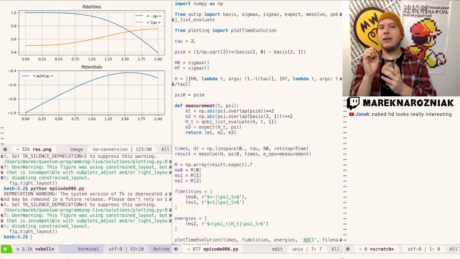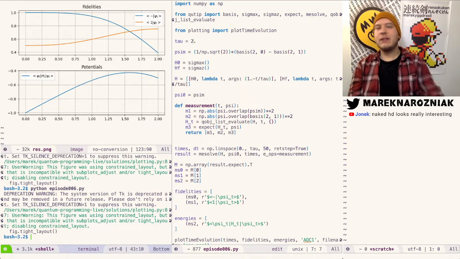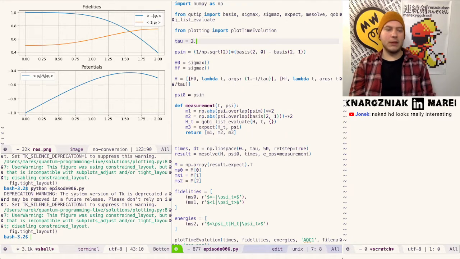As you can see in the potentials plot, which should be energies, we are approaching minus 0.06, and the energy of sigma z, the ground state, should be minus 1. So let's do it even slower and see how much closer we can get.